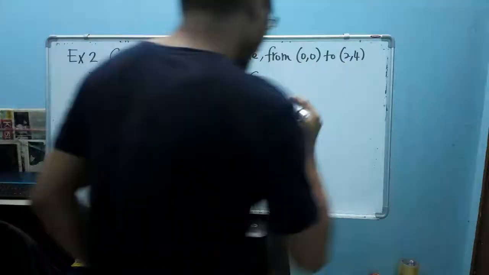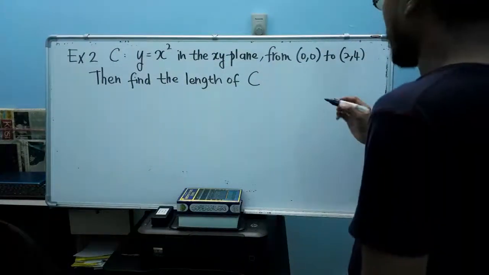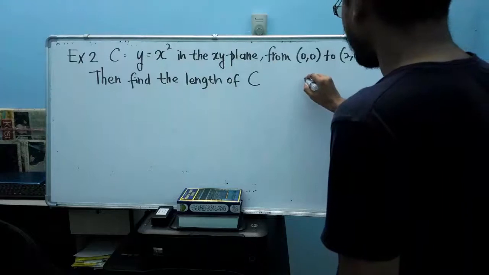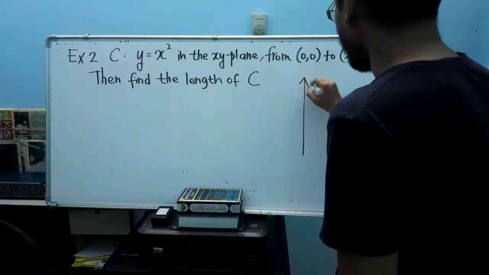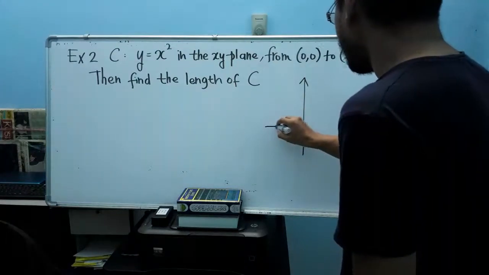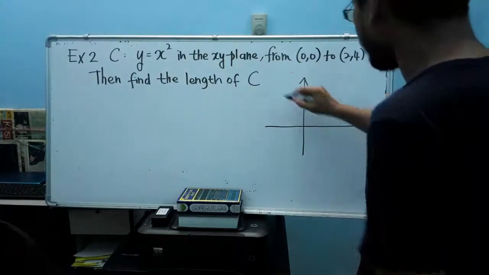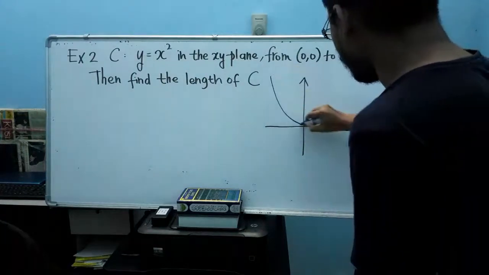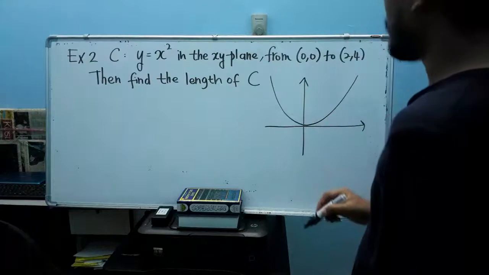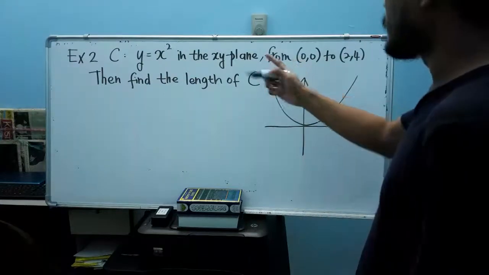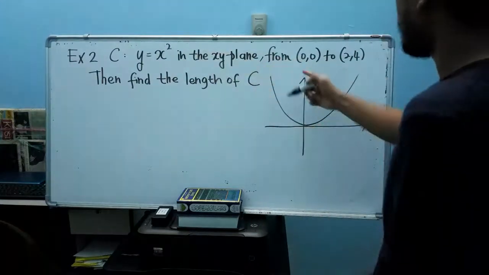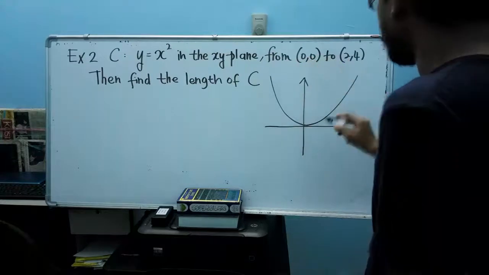If you draw this, what is y equals x squared? It is a parabola. But now you only consider a portion of the parabola from point (0, 0) to (2, 4).